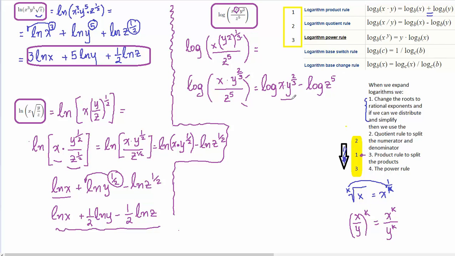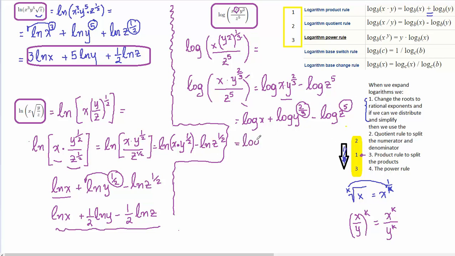Now I can apply the product rule to the first term, and I have log of x plus log of y to the 2/3 minus log of z to the 5th. I still have exponents, so I can apply my power rule, and I will have log of x.